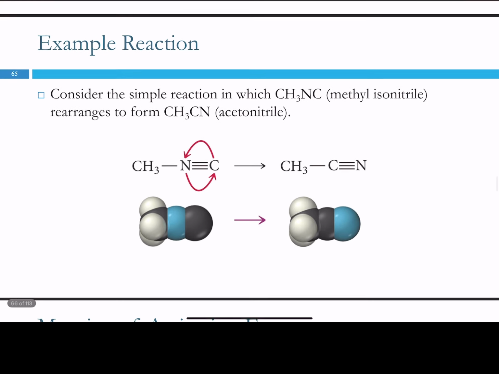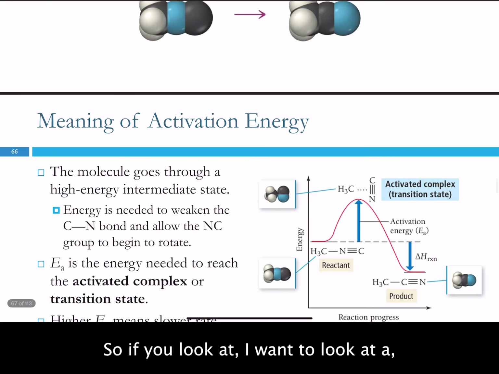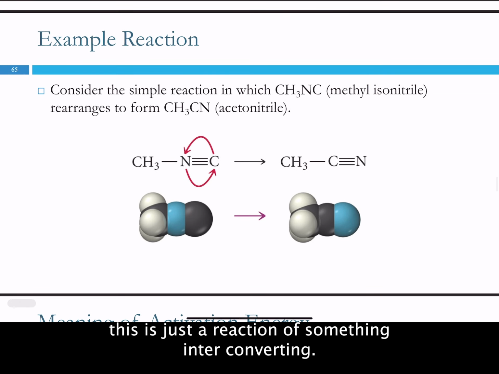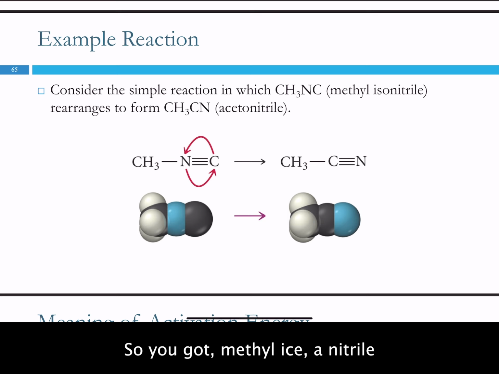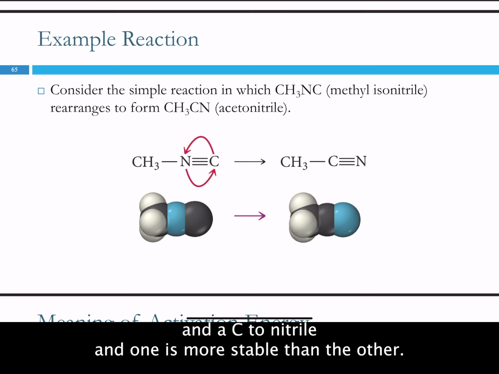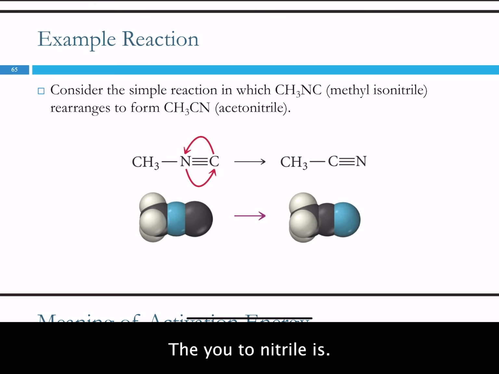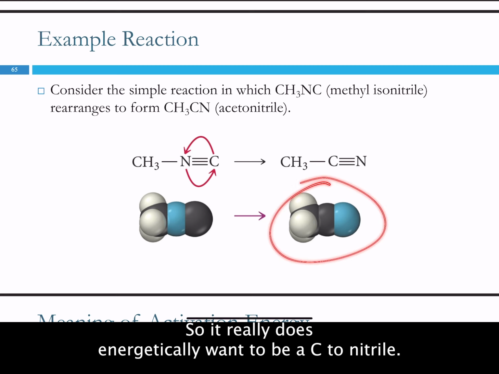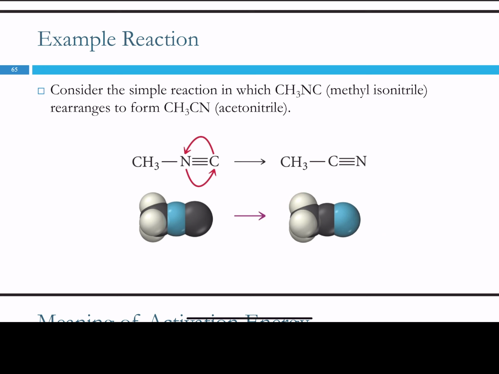So I wanted to look at this reaction of something interconverting. You've got methyl isonitrile and acetonitrile, and the acetonitrile is more stable than the other. So it really does energetically want to be acetonitrile.